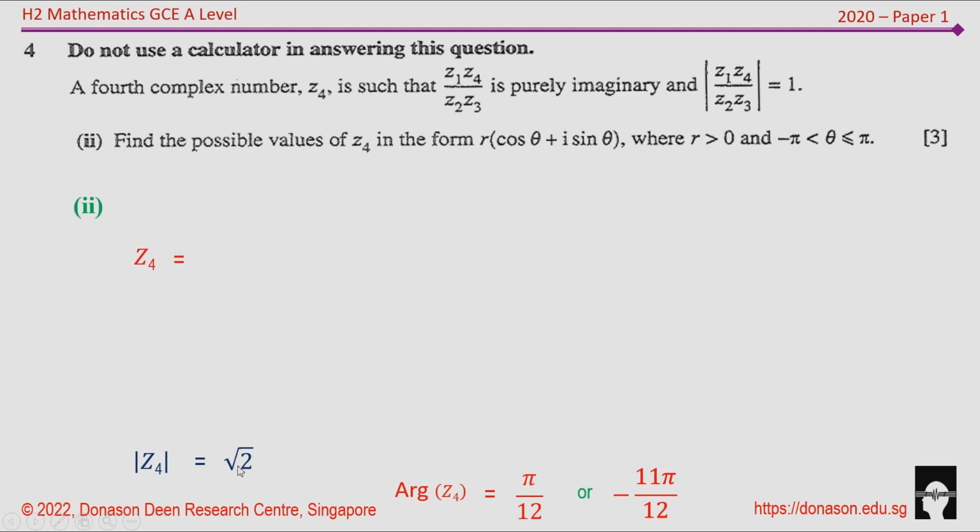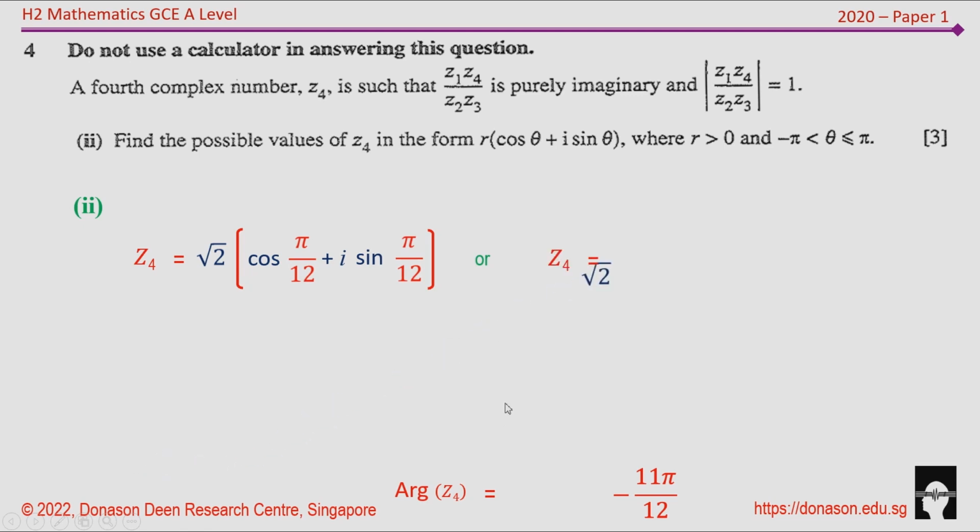So the magnitude is root 2, so we write root 2, then cosine of the arguments for z4. So of course the first one is pi over 12 plus i sine pi over 12. So that is one possible value of z4.